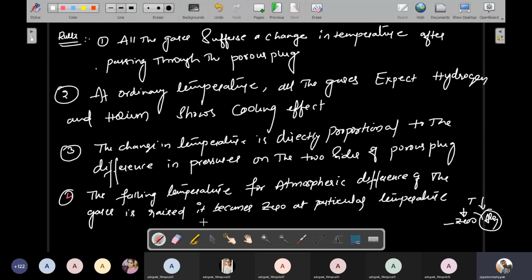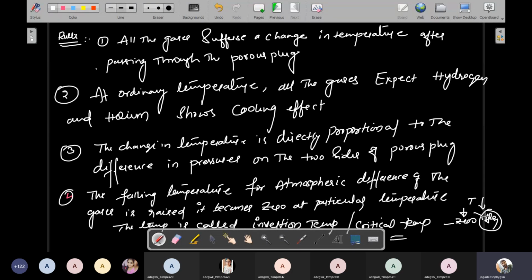That temperature is called inversion temperature, or critical temperature. So the critical temperature means an absolute zero temperature.